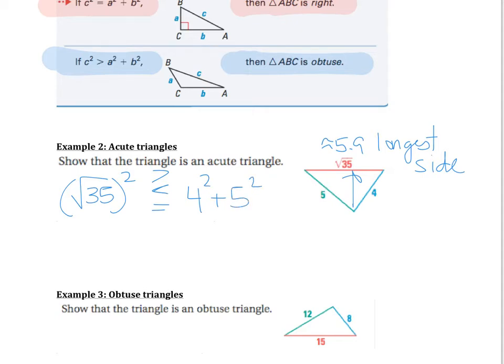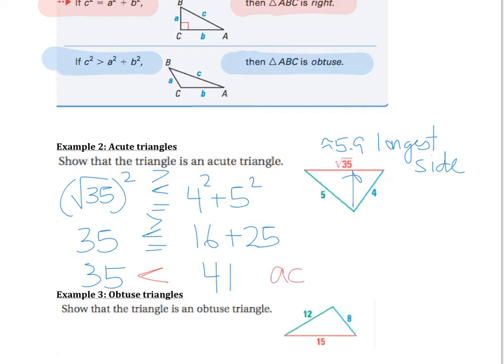The square root of 35 squared, they kind of cancel each other out. And I have 16 plus 25. So what symbol is going to go in there? I have 35 on this side, and 16 plus 25 is 41. So what symbol does go in there? A less than, so this is acute.